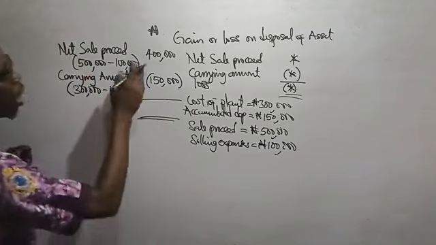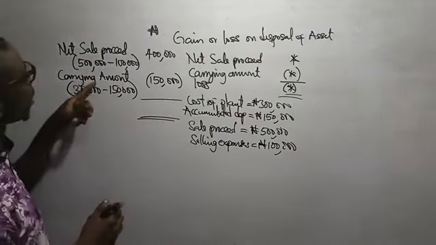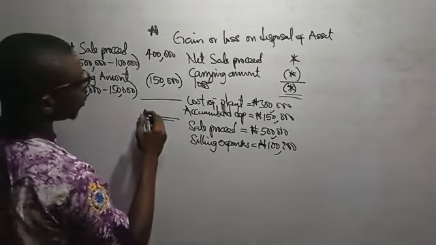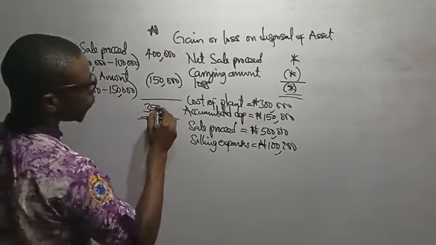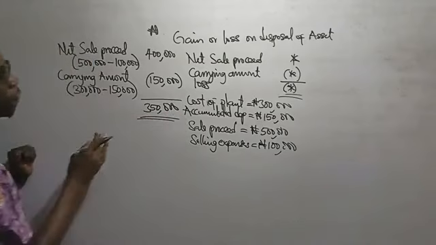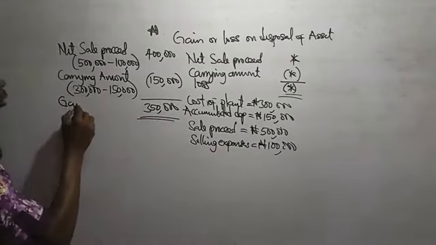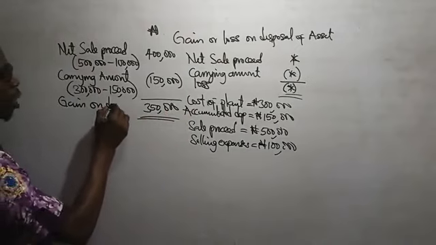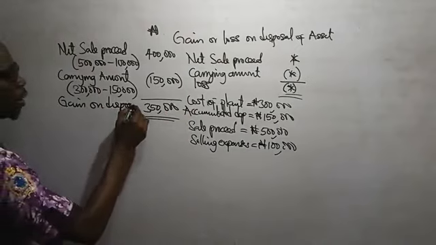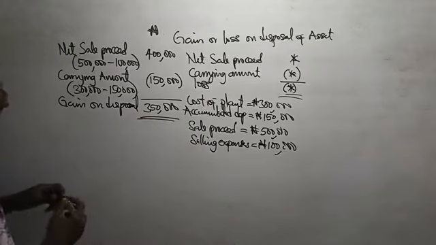From this question we can see that the net sales proceed is greater than the carrying amount. The difference between the two is 350. So this is gain on disposal. That means they made a gain when the plant was disposed.